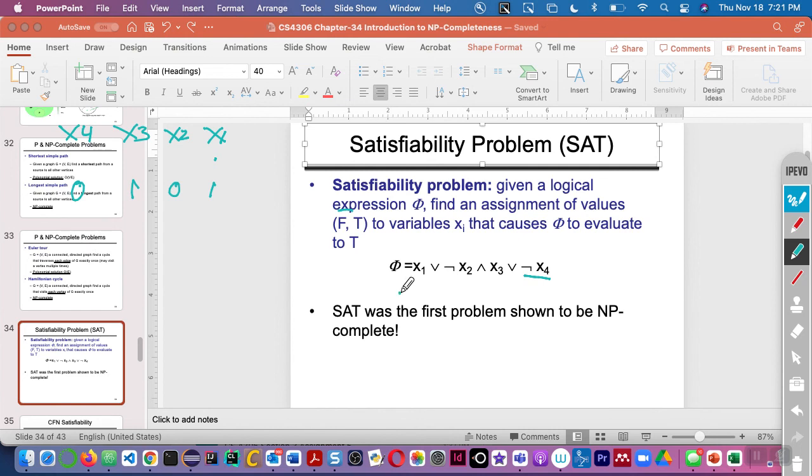It can be written this way: x1 OR not x2, AND x3 OR not x4. If you are given a Boolean expression like this, you are asked to find for which combination, since there are 4 circuits, the result can be 0.